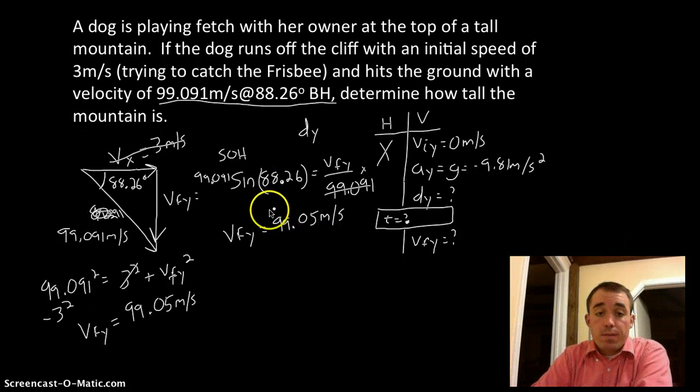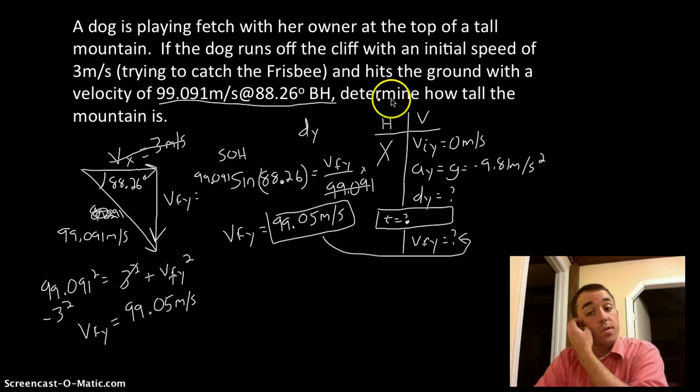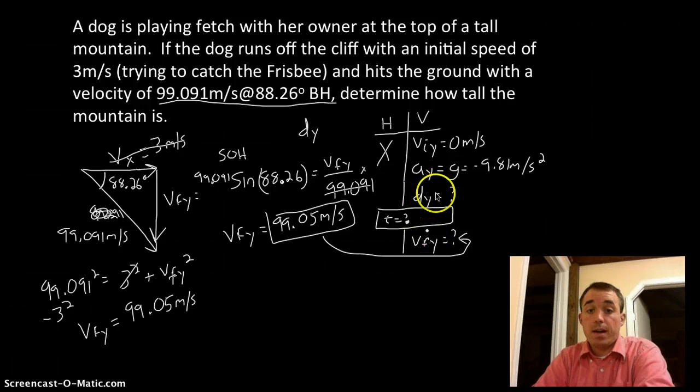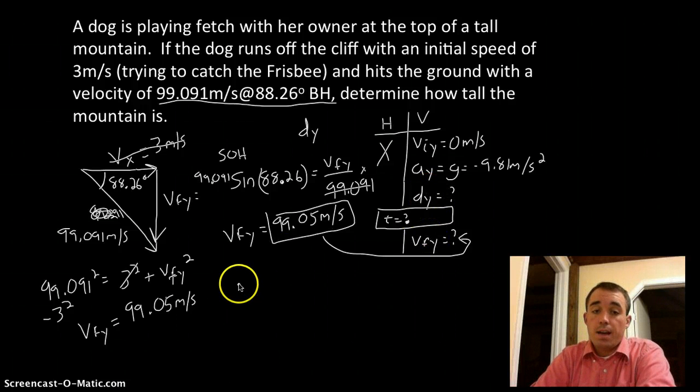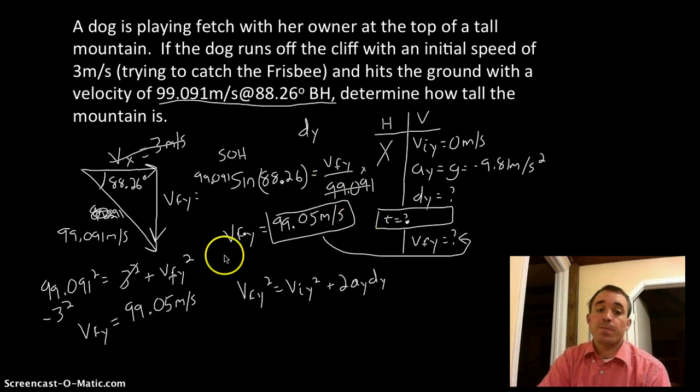Now that I know my VFY, I can take that into the equation: VFY squared equals VIY squared plus 2AY dy. And I'm solving for dy.